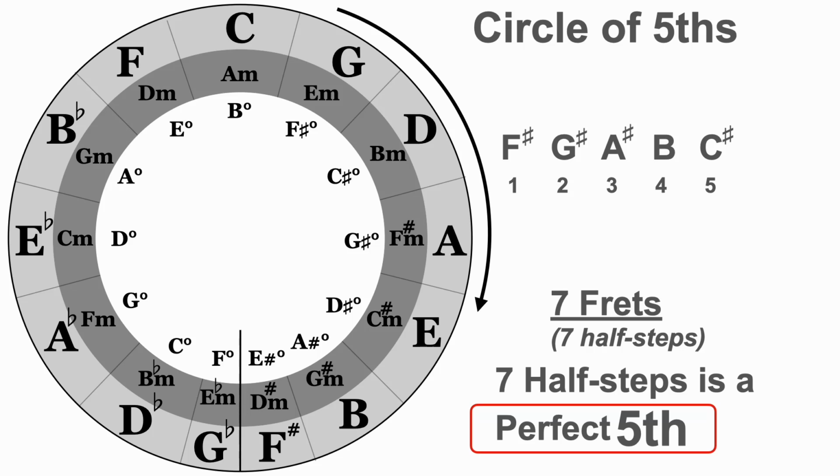So F sharp has the F, the G, the A, and the C as sharp. And so again, that's still 5 notes up, right? So when we're going from F sharp to C sharp, it's still 7 frets, and that's still a perfect fifth, right? So even in the most complex of keys, it still works out just fine.